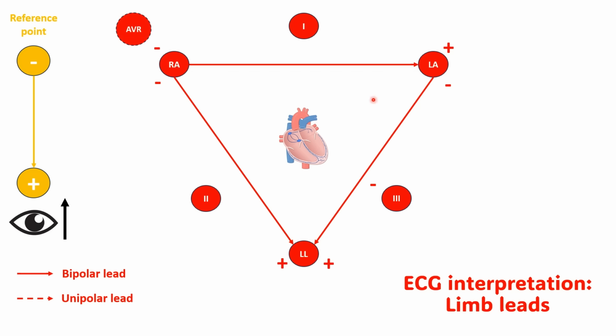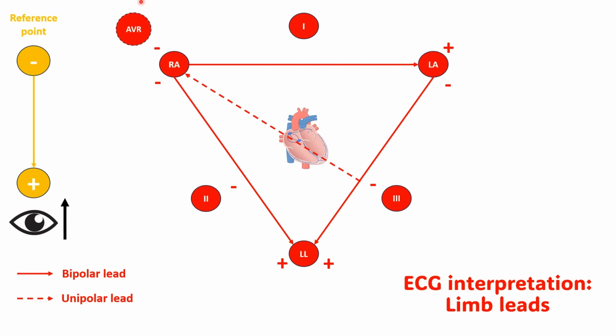And remembering that the electrode on the right arm is going to serve as the positive pole, we're measuring the voltage between the positive pole on the right arm and the average of the inputs from these two electrodes here. The voltage recorded is represented by this dotted line.